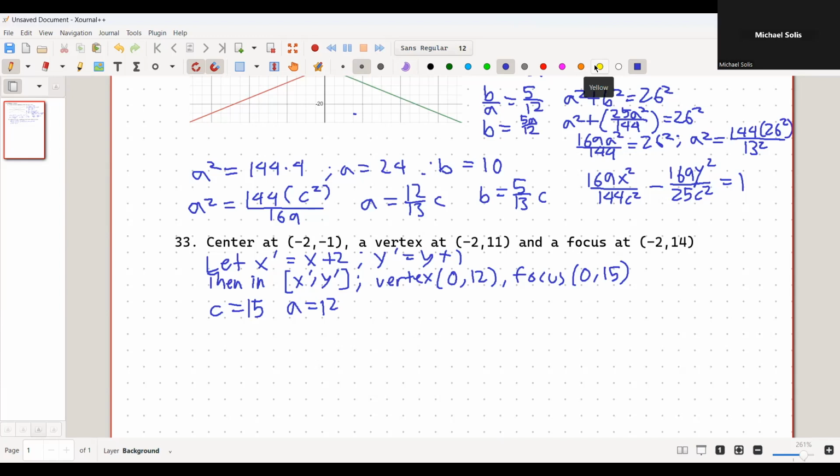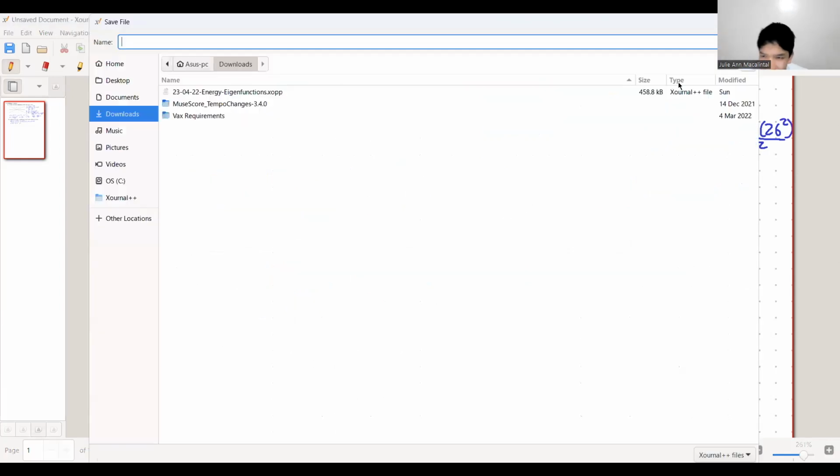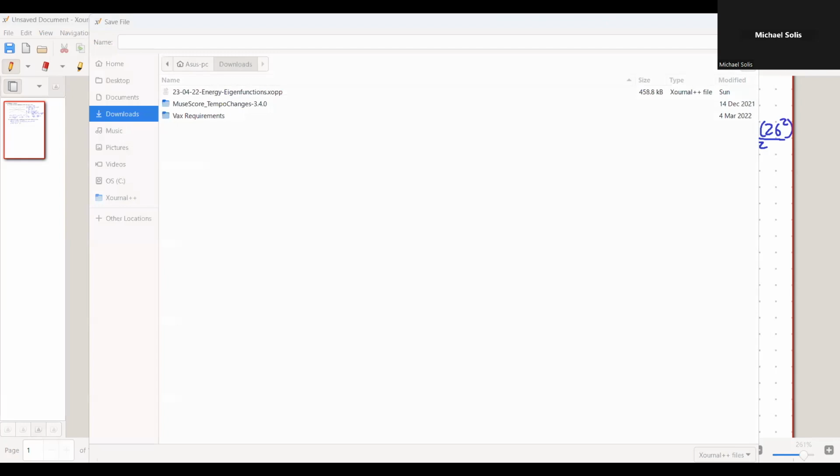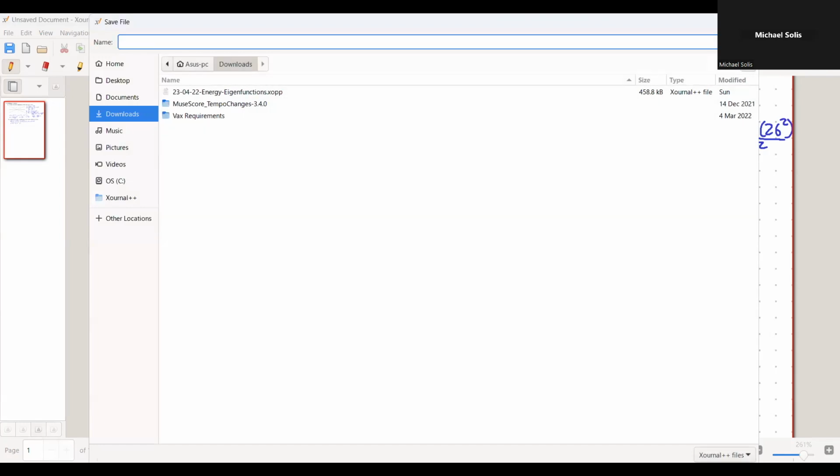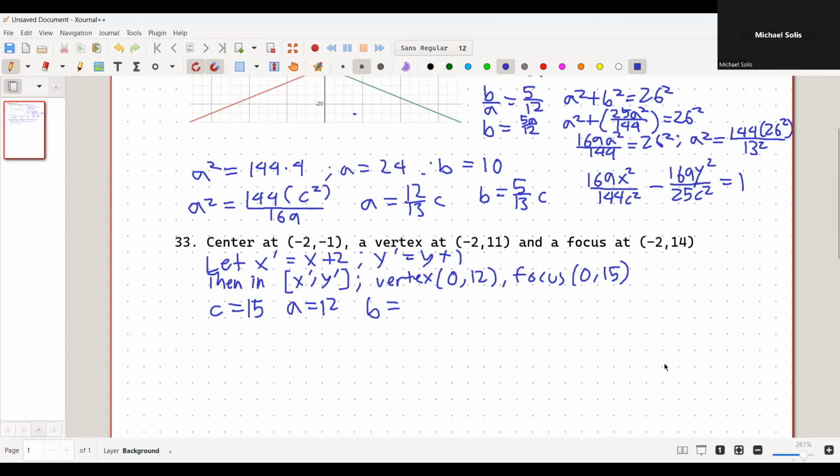So we get b equals... so, and then x is equal, so y plus, x plus.